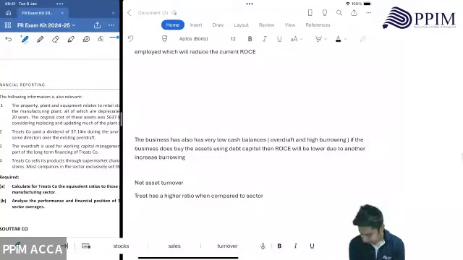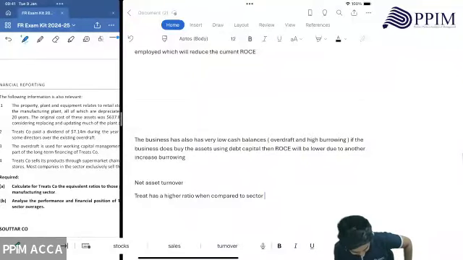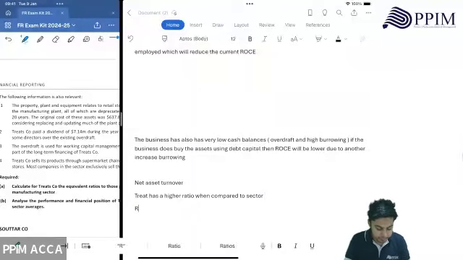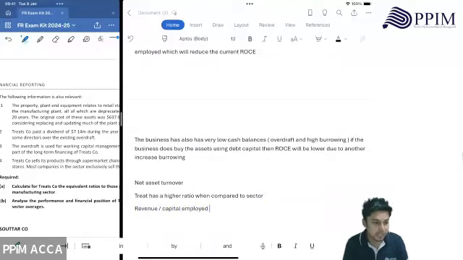Guys, what is the main contributing factor that we have a higher answer when compared to the sector? Net asset turnover normally means revenue divided by capital employed. So one thing we can suggest is that we have a higher revenue.